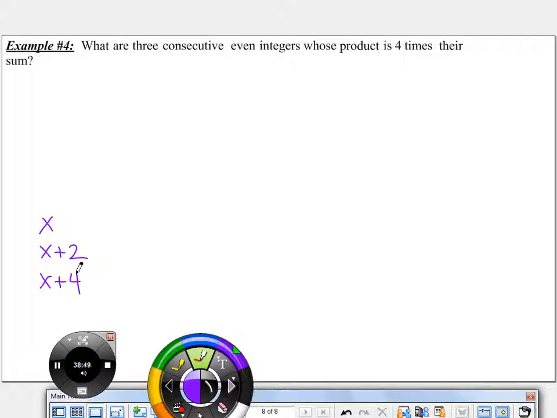She said when you multiply them, the number that you get is 4 times more than when you add them together. Is everybody okay with that description? So now I'm going to take that and say, when I multiply them, the number I get is equal to 4 times the sum when I add them together.